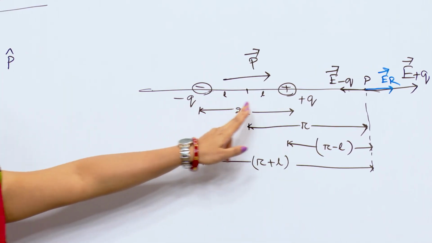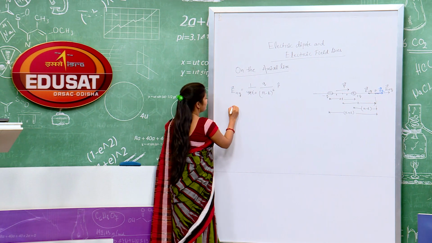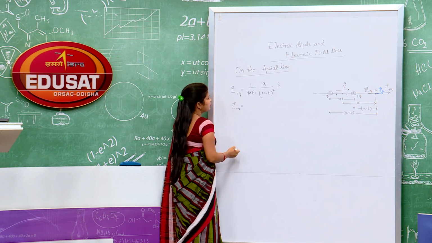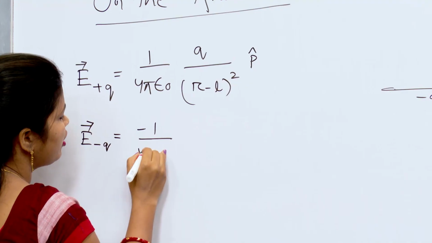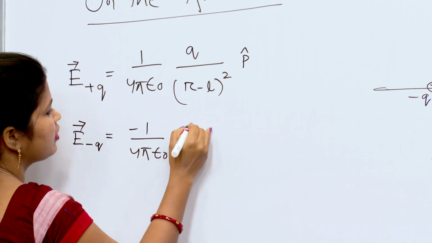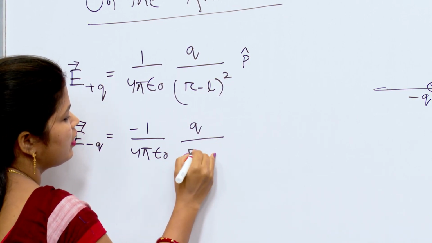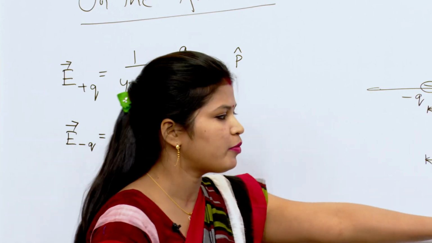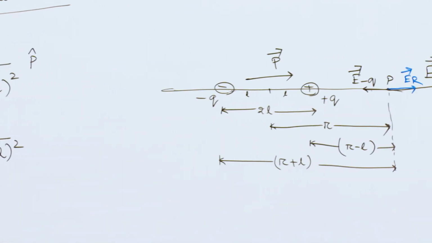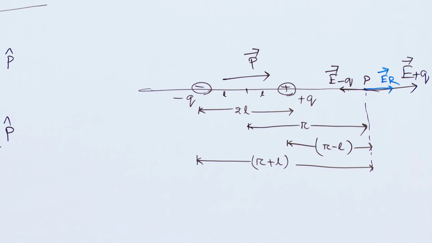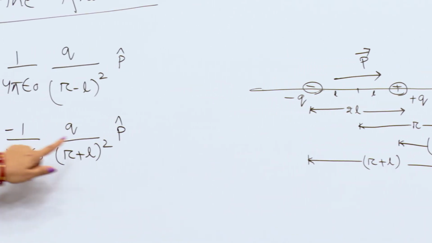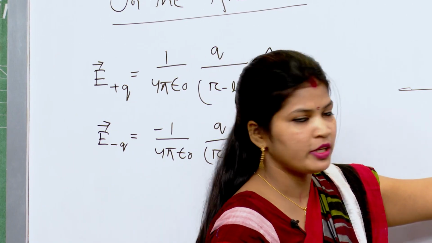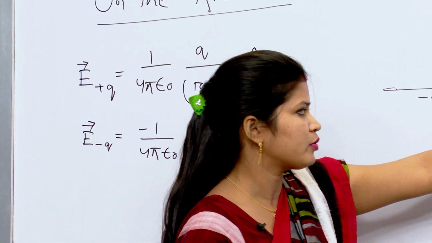Similarly, electric field due to minus q is equal to minus 1 upon 4 pi epsilon naught q upon r plus L whole square. The distance is r plus L, p vector. Here negative sign means the direction is opposite to p, E minus q.